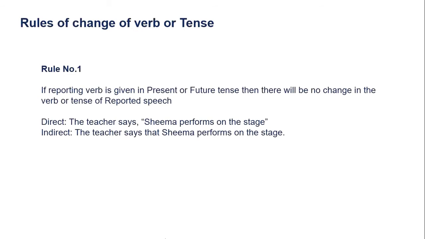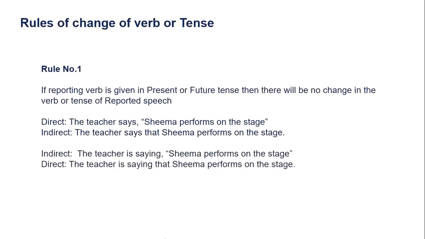"Shima performs on the stage" is given in the quotation of direct speech. When it is indirect speech, it says that Shima performs on the stage. You see, no changes. Let's see another example. The teacher is saying, "Shima performs on the stage."